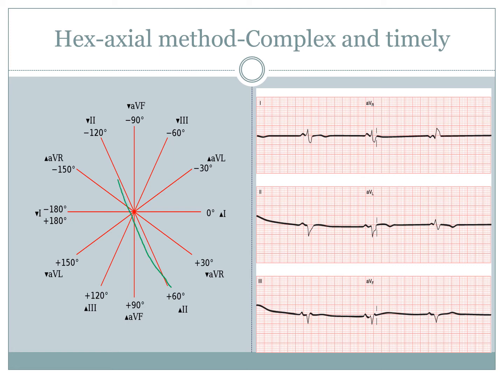If you focus on lead 2 and you determine that lead 2 is mostly negative, then the axis deviation will be sitting at negative 120 degrees. If it is mostly positive, then the axis deviation will be sitting at positive 60.